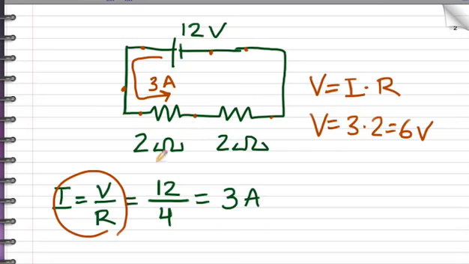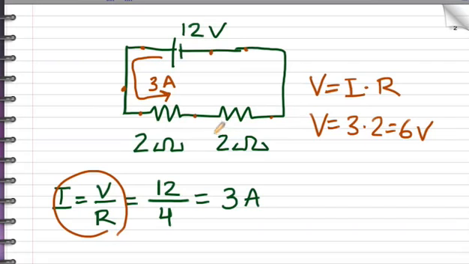So this resistor has a voltage of 6 volts, and this resistor has a voltage of 6 volts. They add to the voltage of the battery. The battery gives 12 joules of energy per coulomb of charge, and then this resistor takes 6 away, and this takes 6 away. When the charges get back to the battery, they have no energy left.